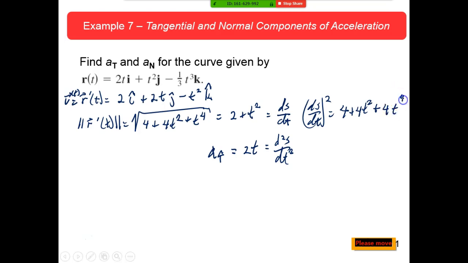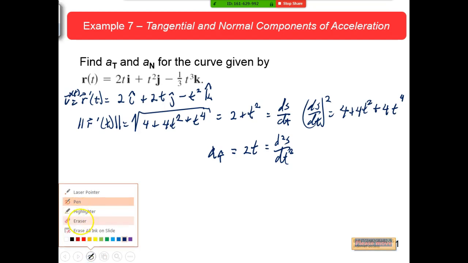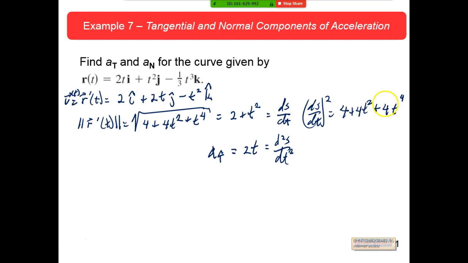T to the fourth. Okay, except that's just a t, there's no 4 there. I'm beginning to guess now that Screencast-O-Matic does not like Zoom. They're not getting along well at all.